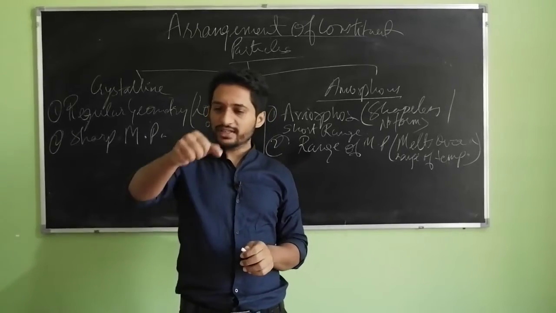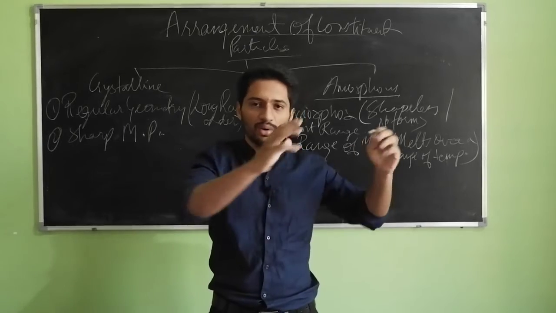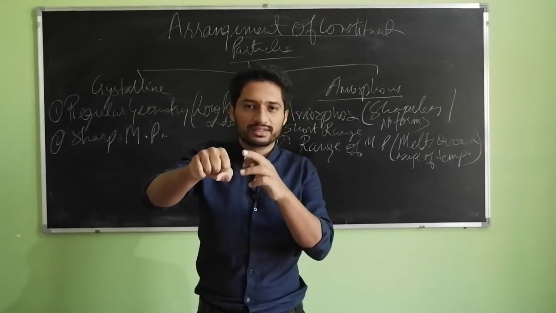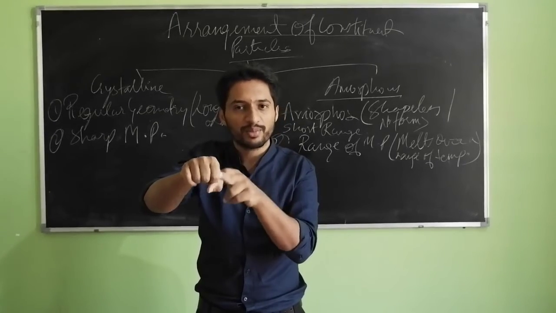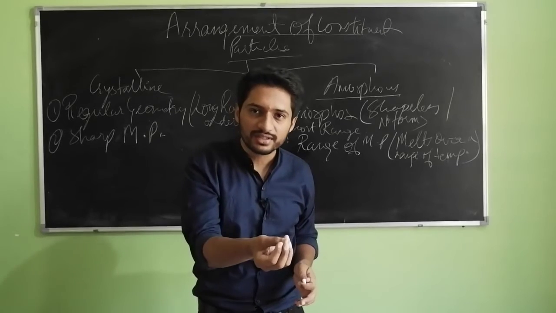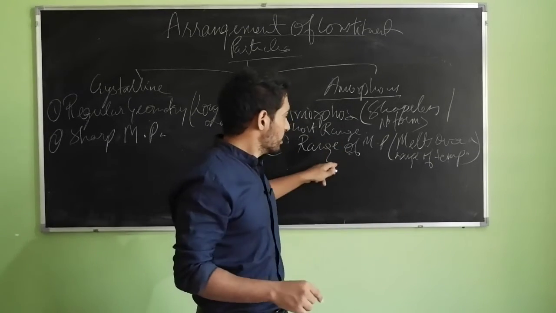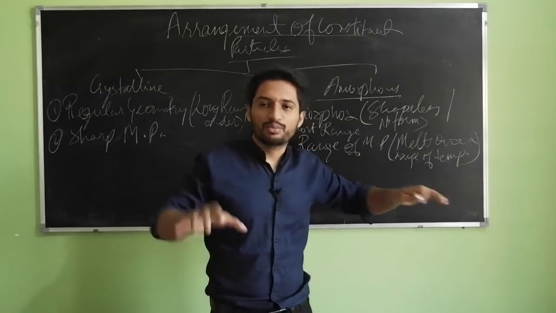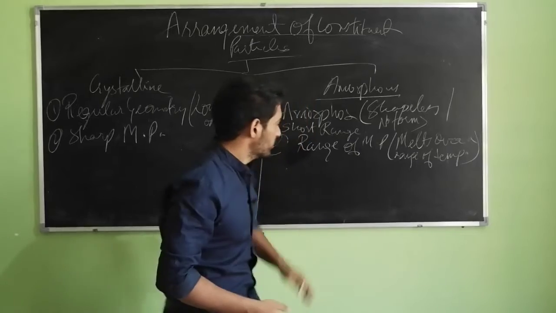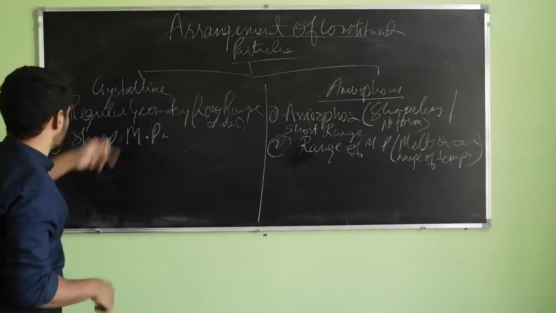So let's say if there's a bond, this bond might be weaker as compared to a stronger bond. So if I reach 600 degrees Celsius, the weaker bond might break easily. But the stronger bond might require 50 or 100 degrees more. So that's why it melts over a range. First the weaker bond will break, then the stronger bond will break. That's why it doesn't have a fixed sharp melting point like crystalline solids.